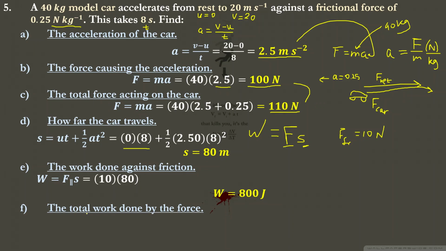If I want to look at the total work done by the force, I'm looking at 110 because that's the total force used by the car. 110 times 80, and so the total work done by the force is actually 8,800 joules. And that's how you do this question here.